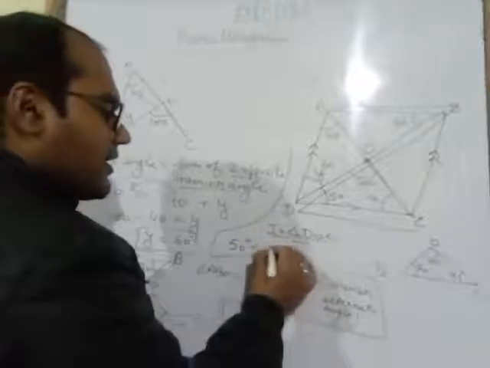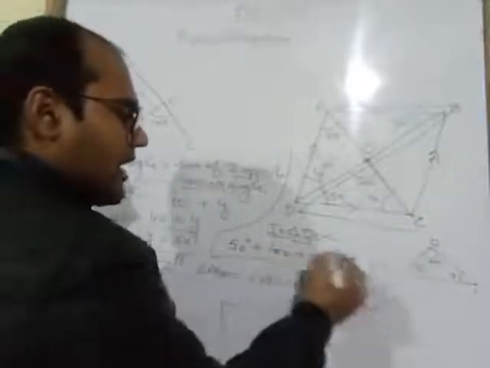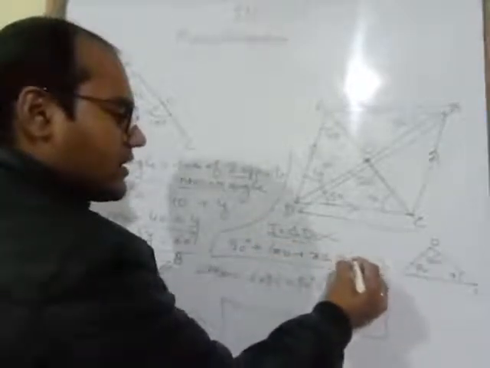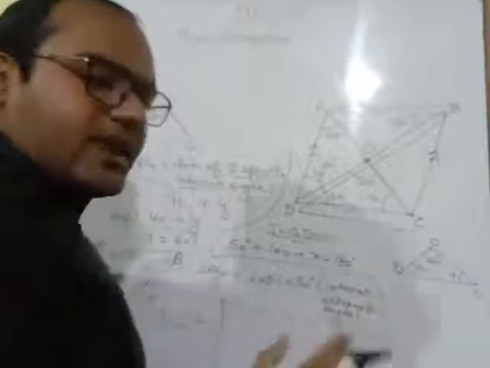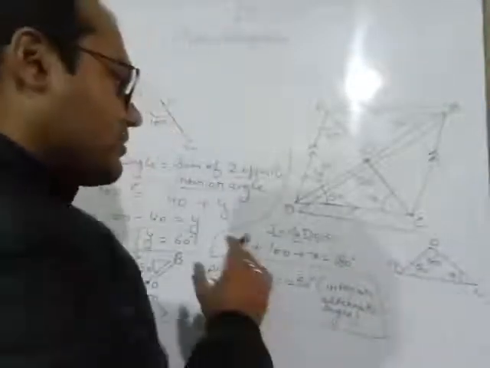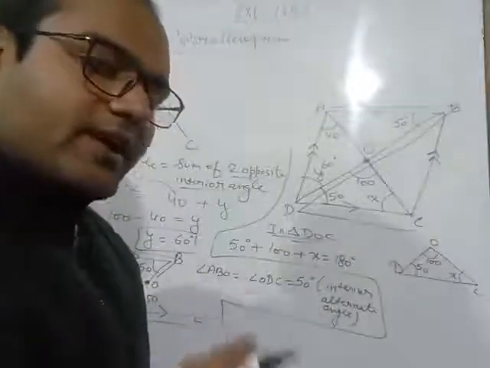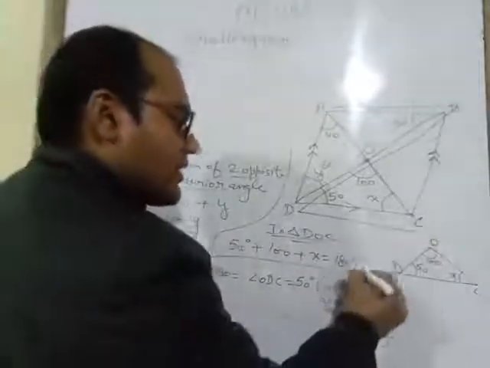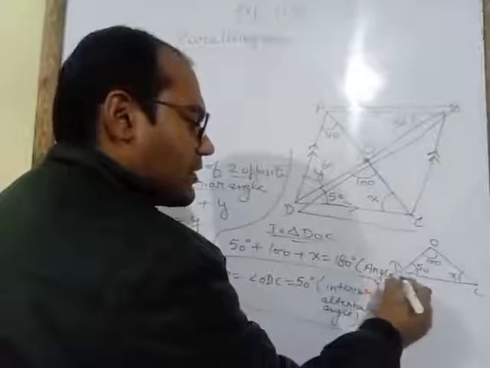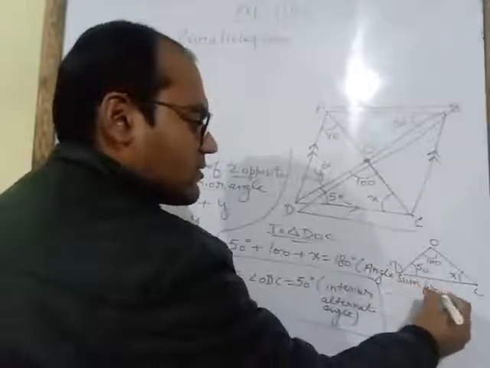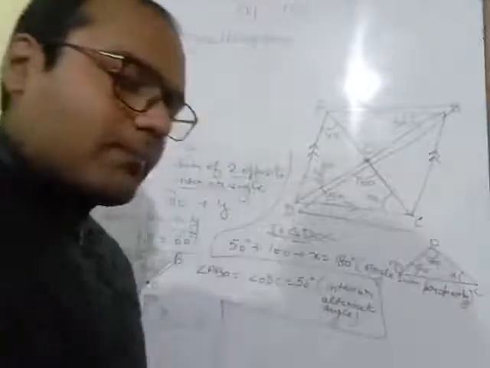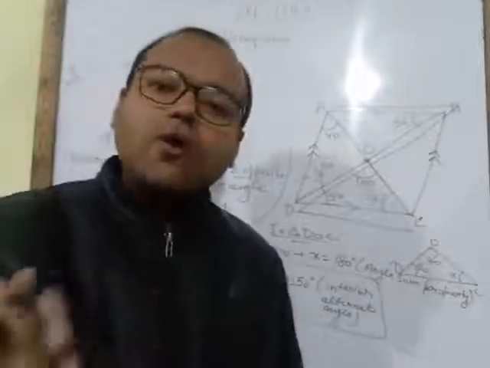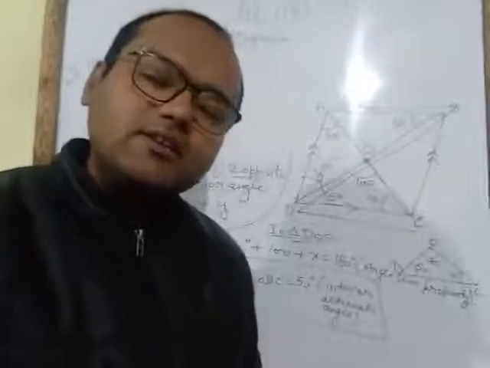50 degree plus 100 plus X is equal to 180 degree. When we add all the three angles of a triangle, the sum of those three angles will be 180 degree, and the name of the property is angle sum property, or simply you can write sum of all angles of a triangle is 180.